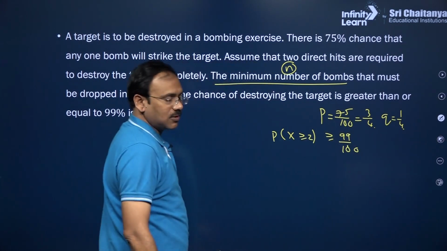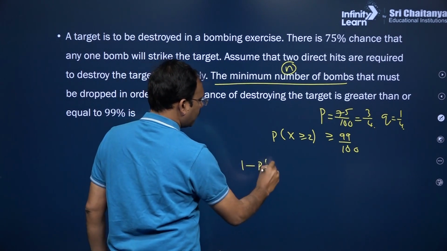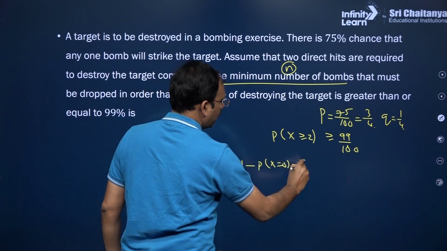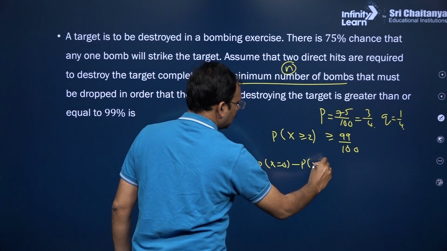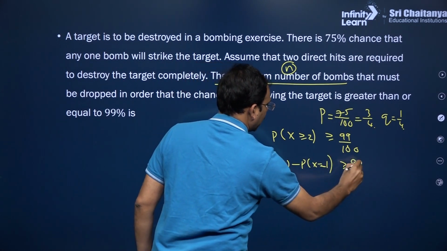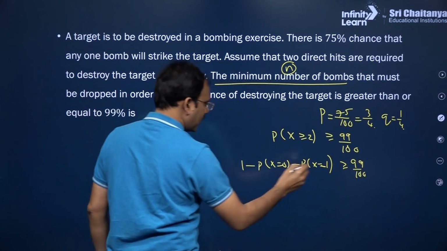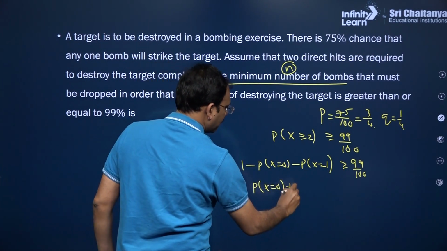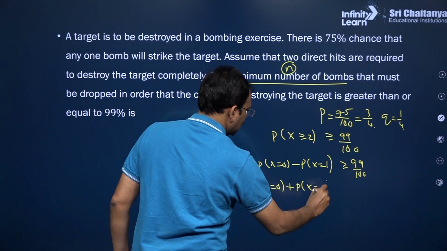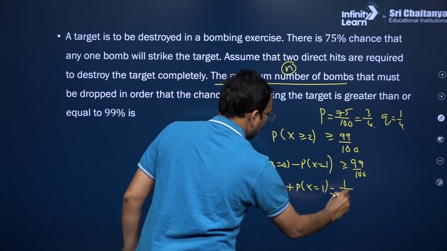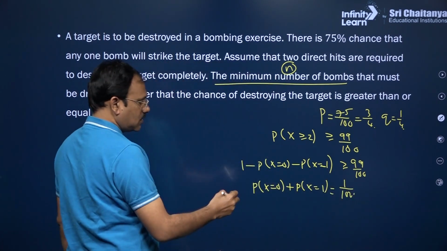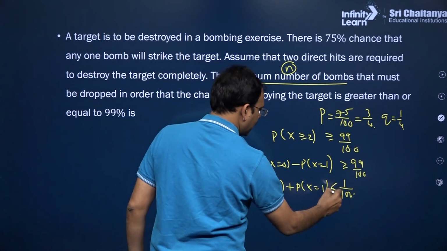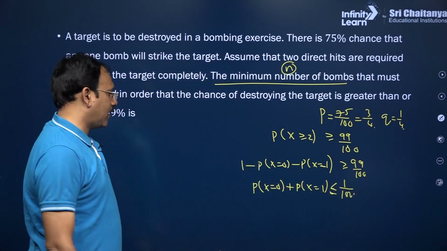This is the equation. 1 minus P(x=0) minus P(x=1) must be greater than or equal to 99 by 100, which means P(x=0) plus P(x=1) is less than or equal to 1 by 100.